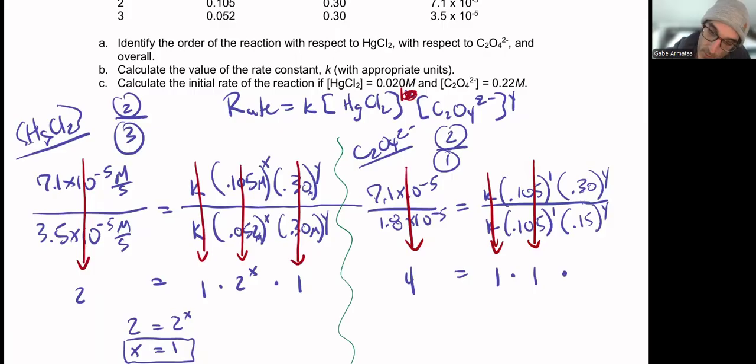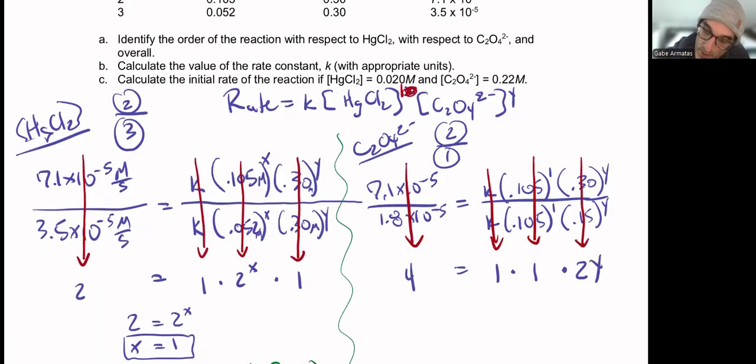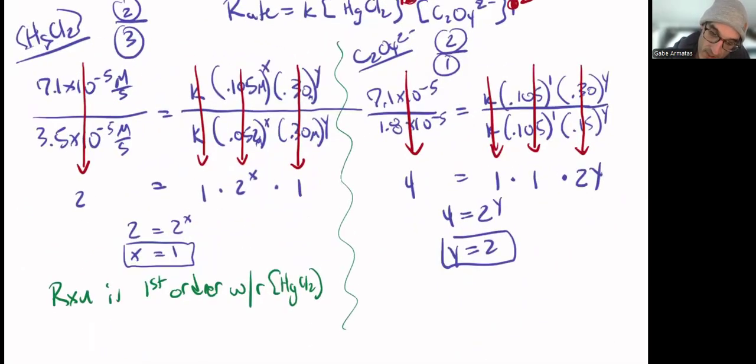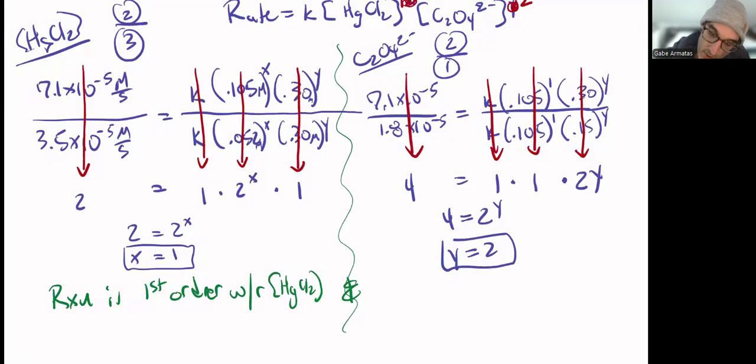And finally, 0.3 raised to the Y over 0.15 raised to the Y is going to be 2 raised to the Y. So we end up with 4 is equal to 2 raised to the Y. Y has got to be equal to 2. And so now we can substitute that in. So now we can say definitively that it is also second order with respect to the oxalate, C2O4 2 minus.